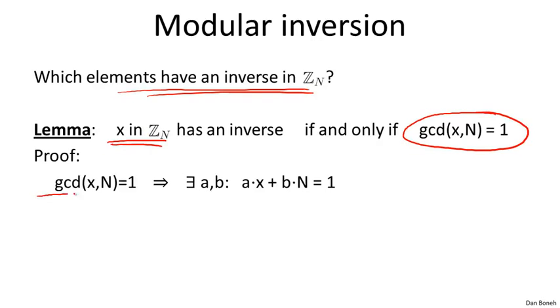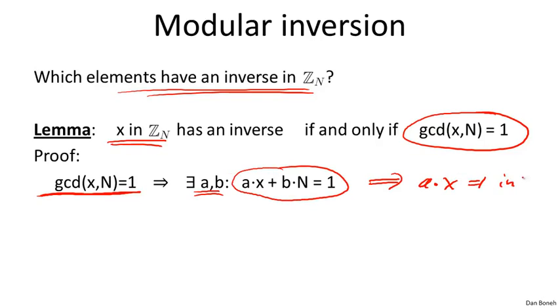So suppose the GCD of x and n happens to be equal to 1, so x is relatively prime to n. Well, by this property of GCDs, we know that there exist integers a and b such that a times x plus b times n is equal to the GCD of x and n, which happens to be 1. So a times x plus b times n is equal to 1. Now, we can actually take this equation here and reduce it modulo n. So what this means is that a times x is equal to 1 in Zn.